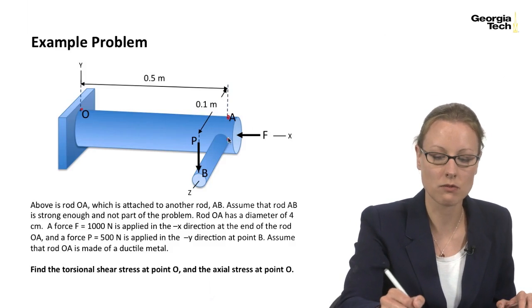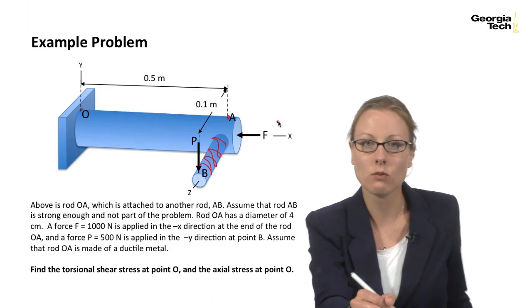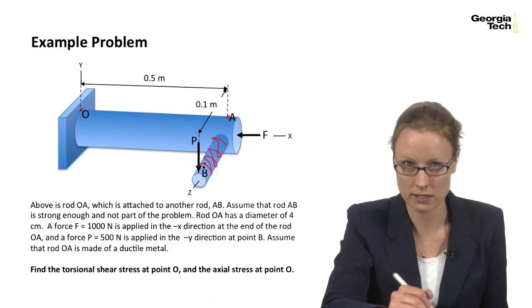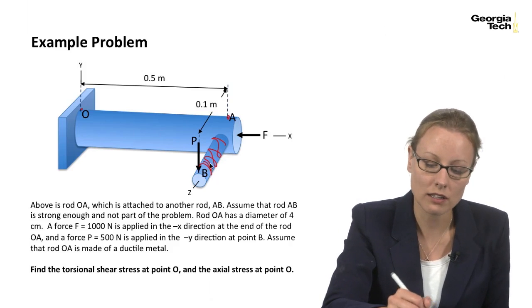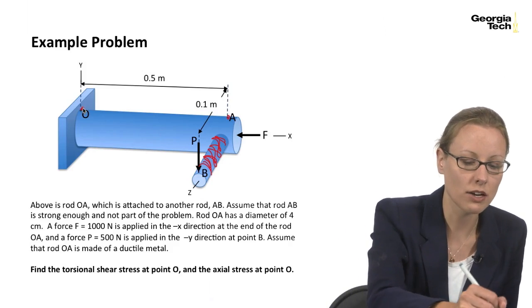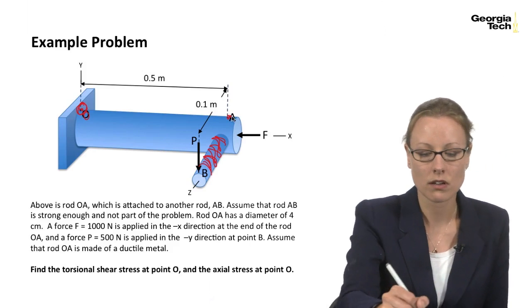And it's attached to another rod right here, which I'm going to call AB. I'm going to assume that this rod is strong enough, it's not going to deflect or deform, so we're not going to worry about calculating anything in this rod in part of the problem. In fact, what we're going to calculate are the stresses here at point O. This is point O. This is point A.